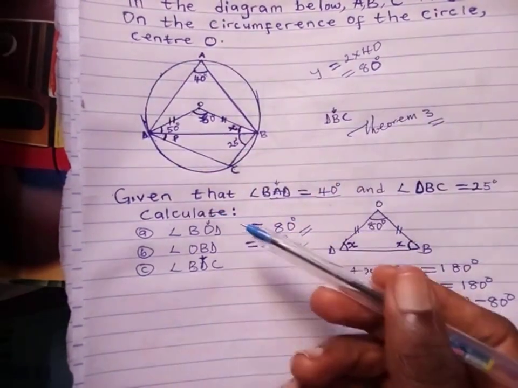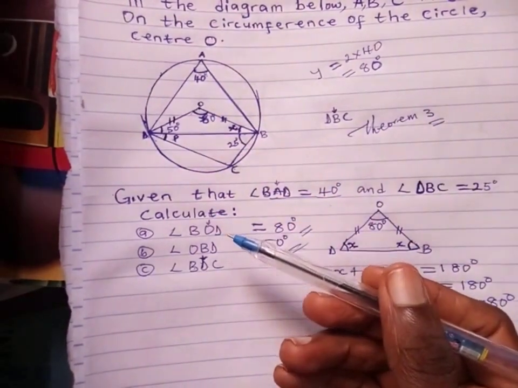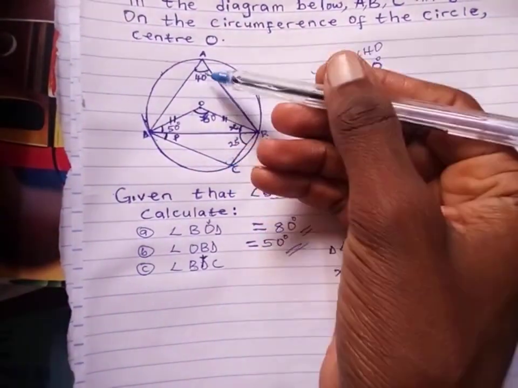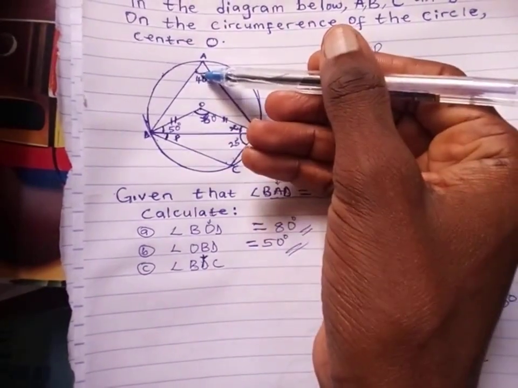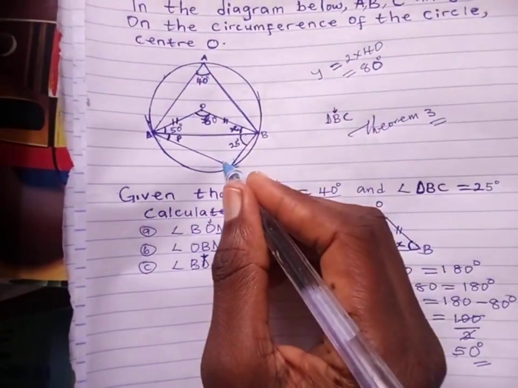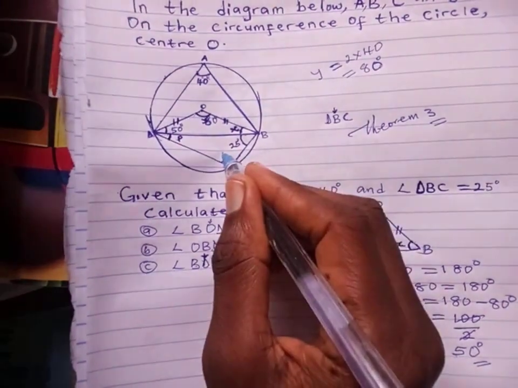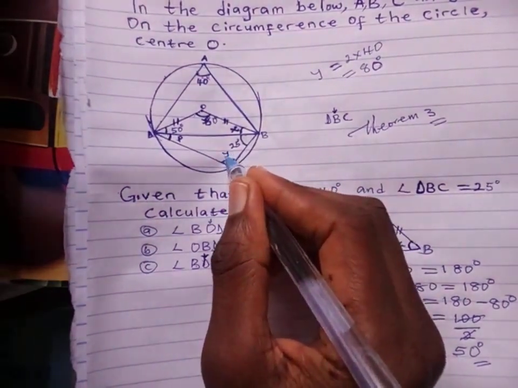Okay, so if we apply that theorem now, we'll have that the angle here plus the angle here will be equal to 180. Now let me label the angle that is formed here. Let me just say it is y.